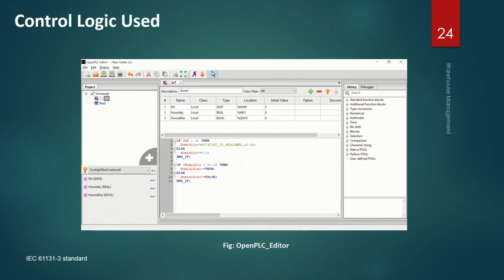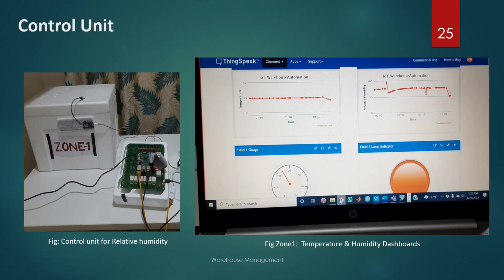You can see that this is the Open PLC editor script, which essentially is a small script to control the humidity as well as the temperature. This script is for controlling the humidity, and this uses Open PLC, and it is just a simple language to code the PLC controller.